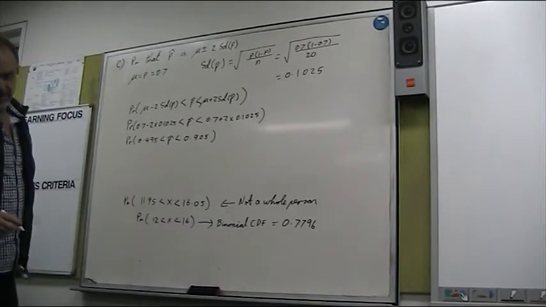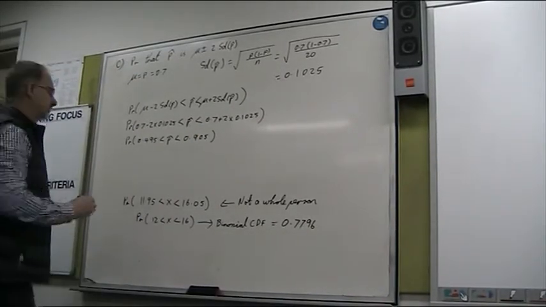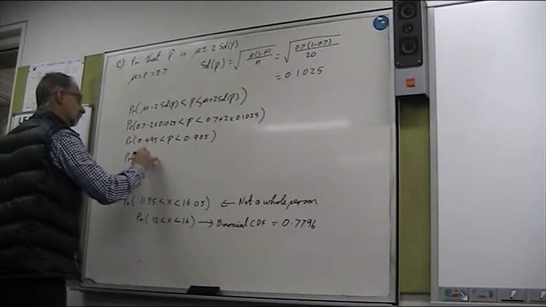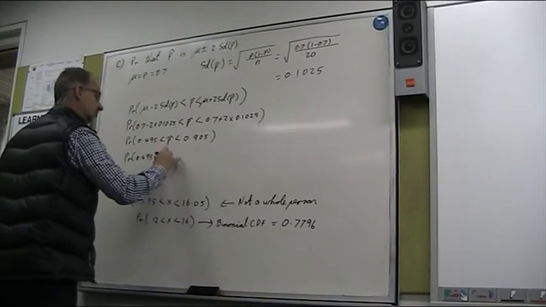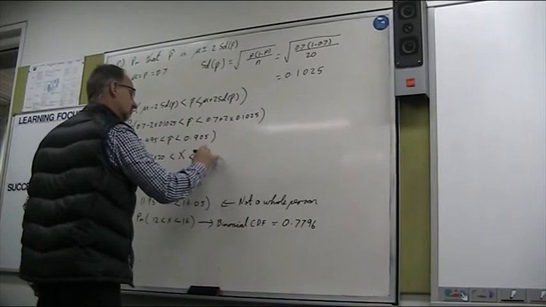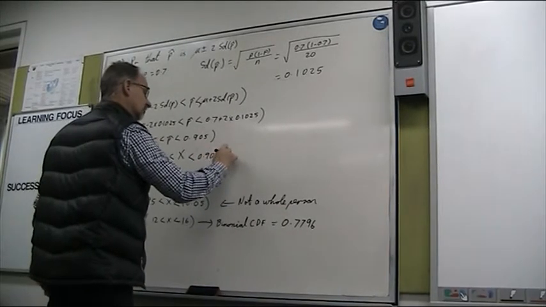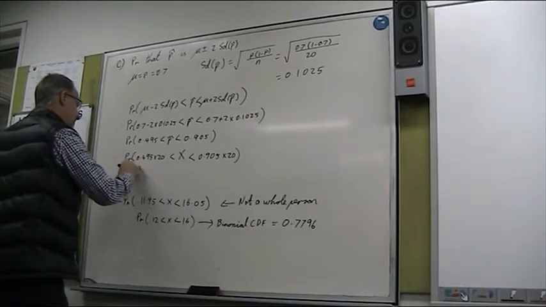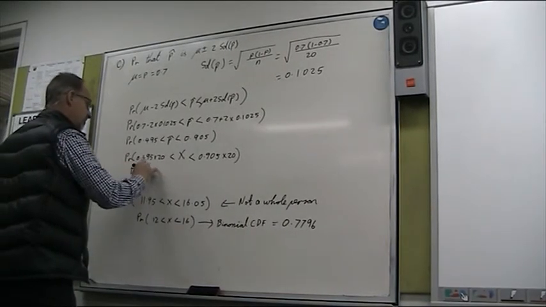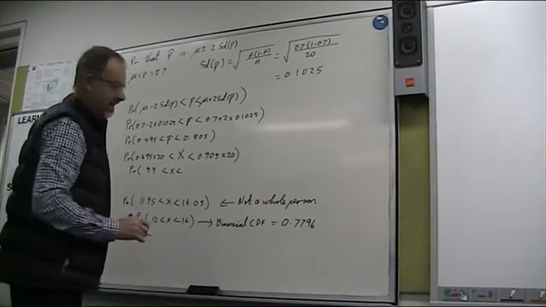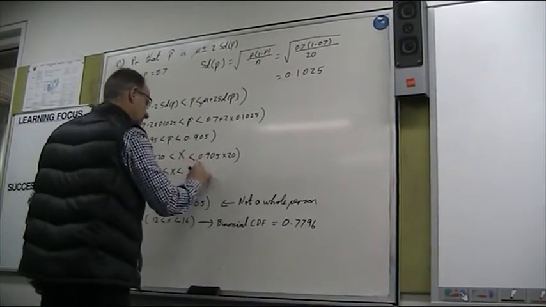When we change that then to numbers, we're looking for the probability that in our sample we've got between 9.9 people and 18.1 people.